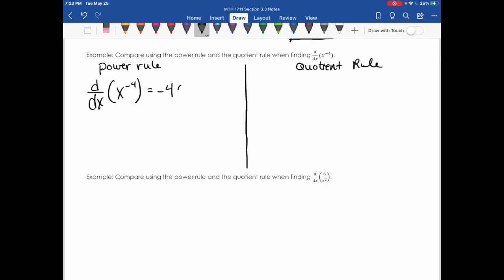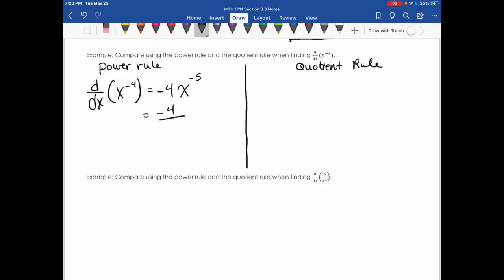and I take the derivative of x to the power of negative 4, I pull the negative 4 down in front, I multiply by x, and then I decrease the exponent by 1. So if I subtract 1 from negative 4, that gives me negative 5.